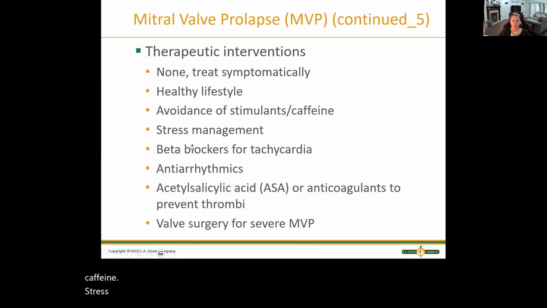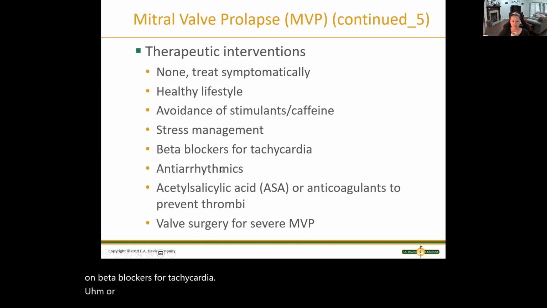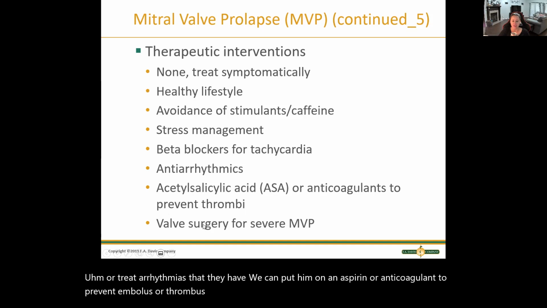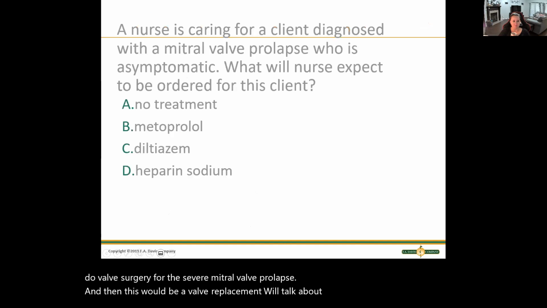If their heart is trying to compensate by beating faster, we can put them on beta blockers for tachycardia, or treat arrhythmias that they have. We can put them on an aspirin or an anticoagulant to prevent embolus or thrombus forming. And then, like I said, in those extreme cases, we can do valve surgery for the severe mitral valve prolapse. This would be a valve replacement, and we'll talk about that later on.